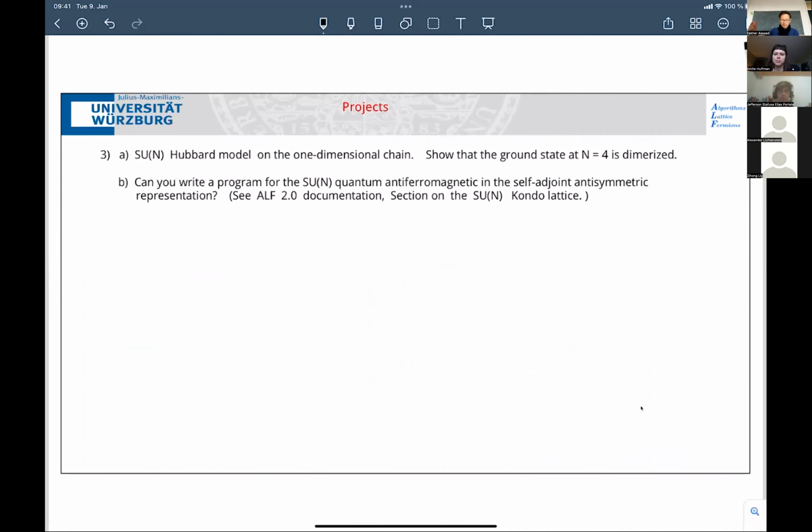SU(N), so we stay on with 1D, right? And now what we will do is define a higher symmetry. Normally this is your Hubbard hopping, sum over i, and then sigma goes from 1 to 2. Well, in principle, sigma can go from 1 to N, where if N is even, you will have no sign problem.